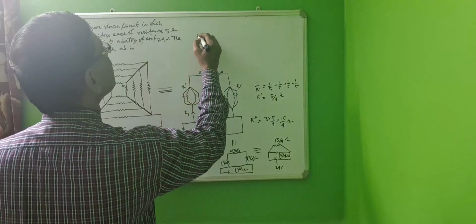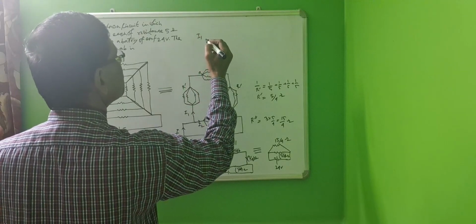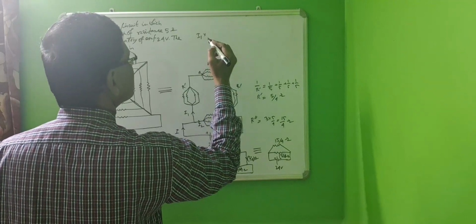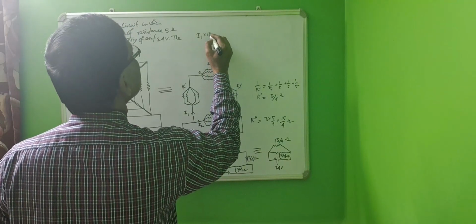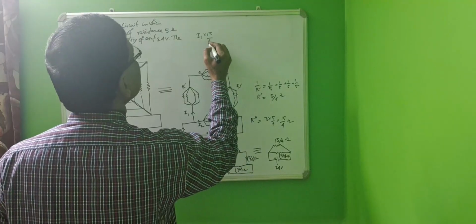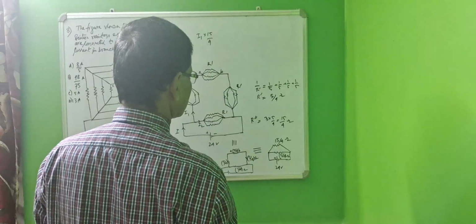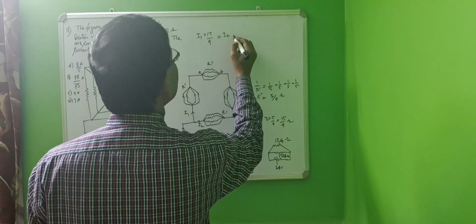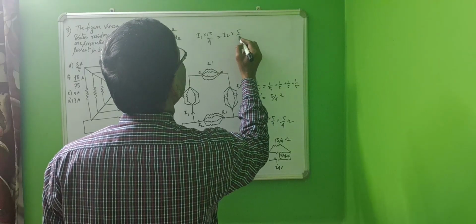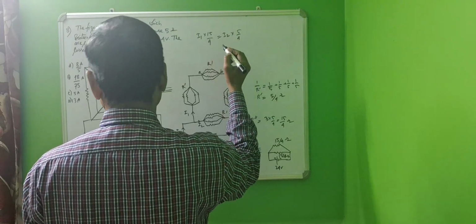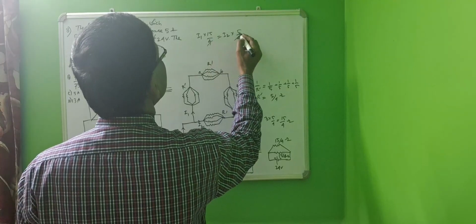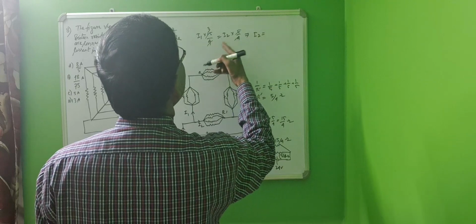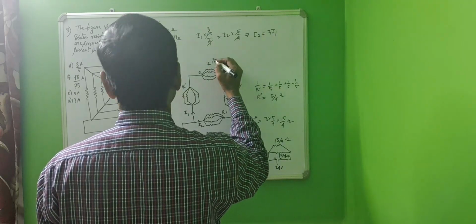So you can write I1 into 5 equals I2 into 5 by 4. So I2 equals to 3I1.